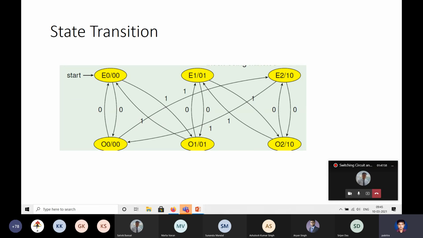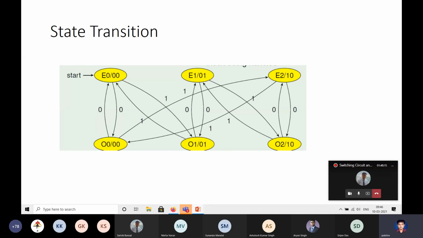So what we'll do in the next class is see that these are 2 representations of an FSM, a Moore machine and a Mealy machine. We'll see both of them have the same expressive power.